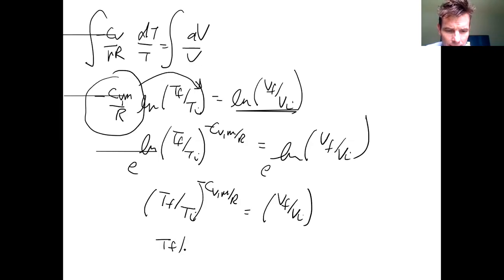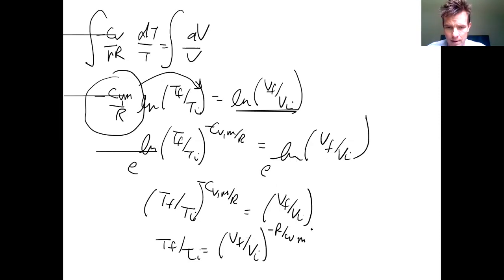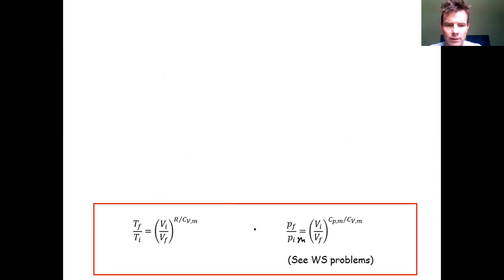That is TF equals TI times VF over VI to the negative R over CVM. Last but not least, I want to get rid of this negative sign so I can flip these. And if I flip all of this, I end up with an expression that looks like this.